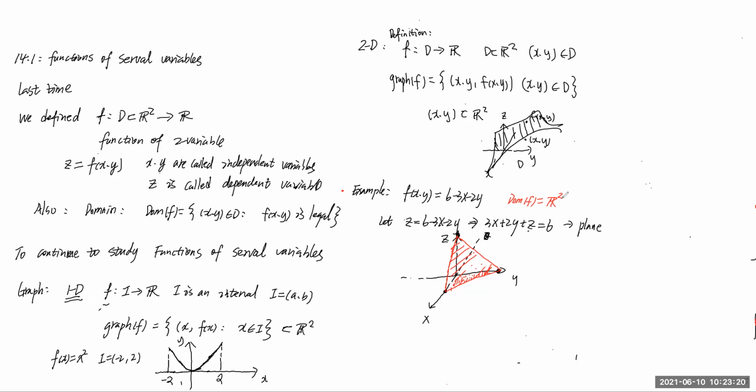So this is our first example, and then let's look at example 2. Our second example is about sketching the graph of g(x,y), which is the square root of 9 minus x squared minus y squared.